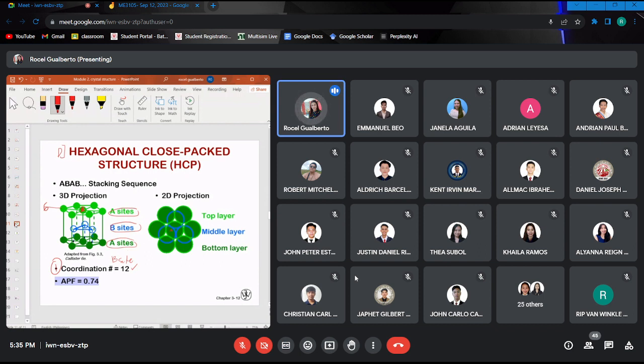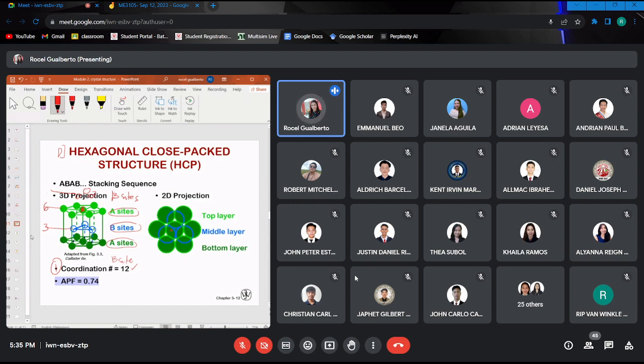Tapos po, sa ilalim po niya, ano po makikita natin? This B side. So, ilan po yung nasa B side? 3. Okay? Yan, 3. So, sa B side, ito pong 3 yung katabi niya. Tapos, dito po syempre sa itaas, meron po itong another layer. So, yung nasa layer po niyan would be another B side.